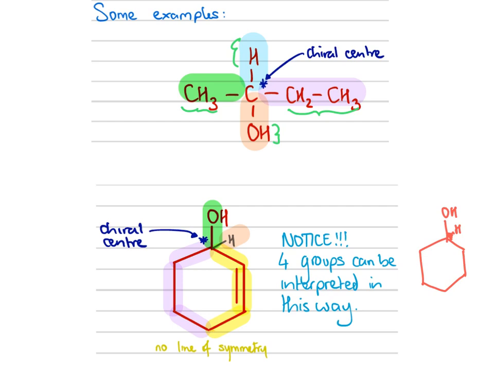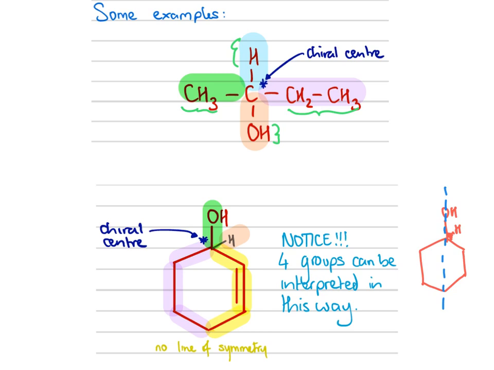But if we were looking for a line of symmetry, we would see that there was a line of symmetry straight through here. And if you're worried about that hydrogen and thinking, hold on a minute, that's not symmetrical, the way to think about this line of symmetry is that this hydrogen is completely behind it, and that the OH is sort of forward.